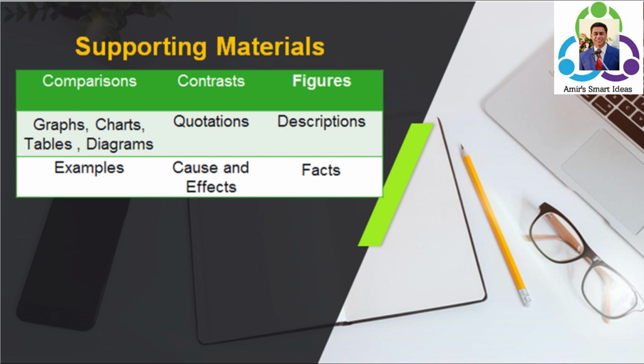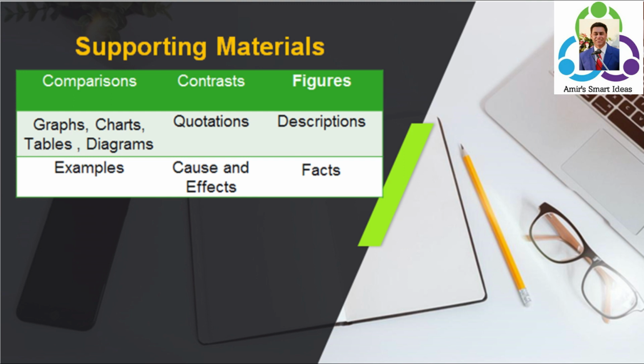Now I would like to give you some idea of what supporting materials or supporting sentences can be in a paragraph. Number 1, comparisons. So comparison sentences are naturally the supporting sentences. The contrast sentences, the figure sentences, the graph, chart, table and diagrams, they are the supporting materials. Any quotations used in a paragraph is a supporting material.